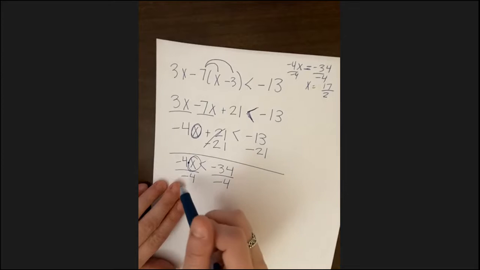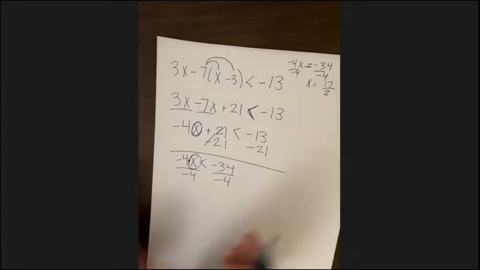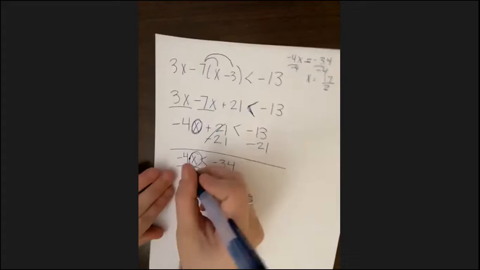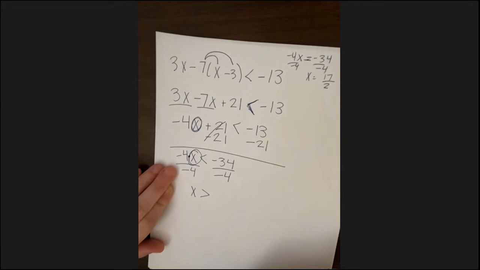Do y'all remember what happens when you divide by a negative number? Can anyone tell me? The sign changes, right? Because we divided by negative 4, it flips.